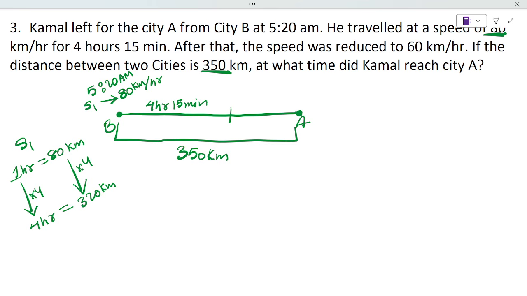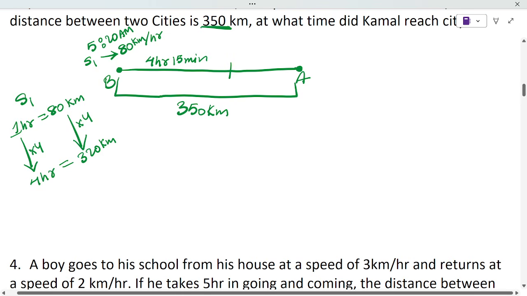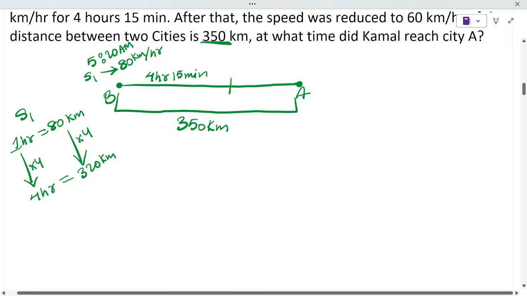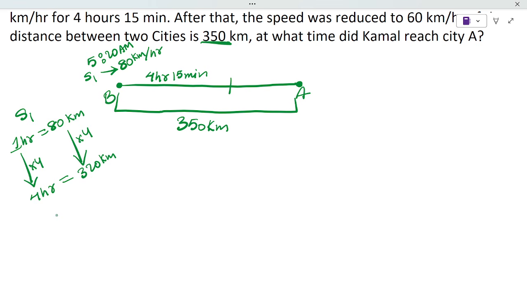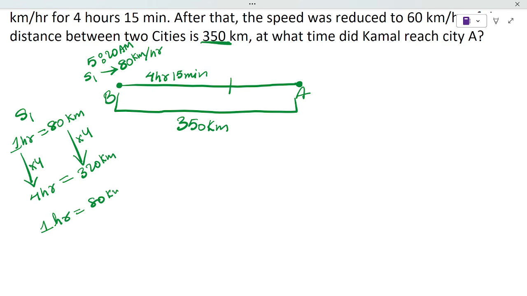But there are 15 minutes also. How much is 15 minutes? So now again, 1 hour is 60 minutes, and 1 hour is 80 kilometers. 1 hour is equivalent to 60 minutes, right? 60 minutes is equivalent to 80 km. Find for 1 minute.